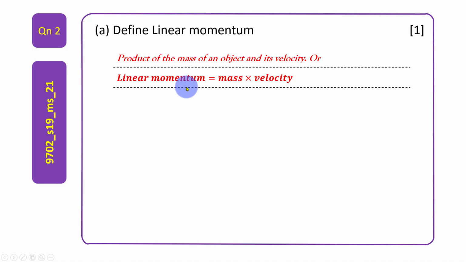For example, if you write P equal to M times V, you must say where P is momentum, M is mass, and V is velocity.